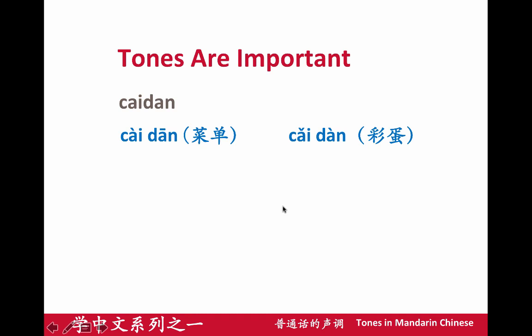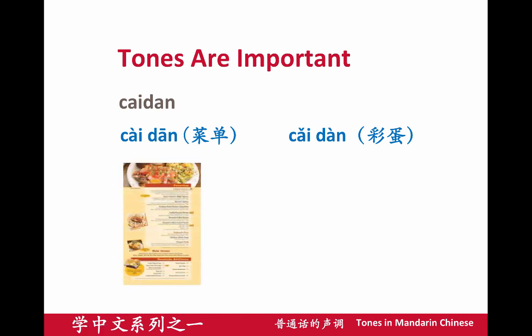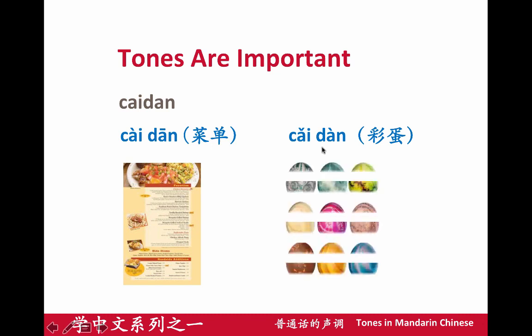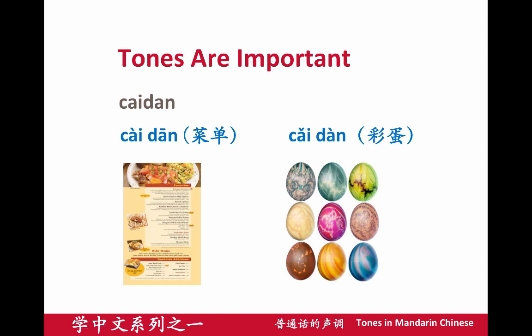Another example, 菜单, this bisyllable word, if it is pronounced as 菜单, it means menu. If it has the tones of the third tone and the fourth tone, it means painted eggs.